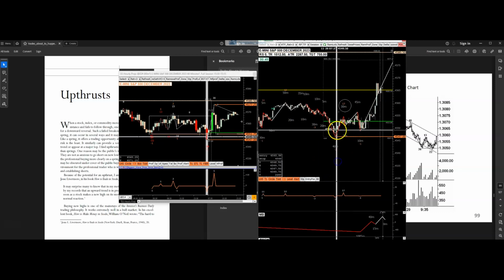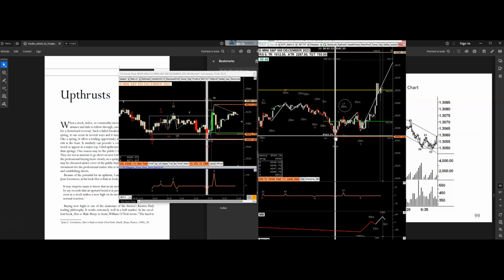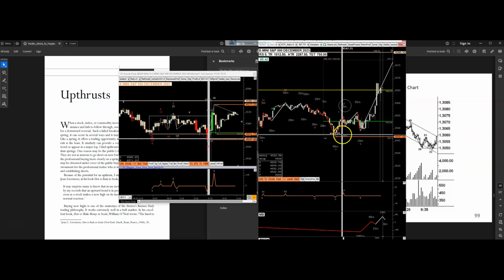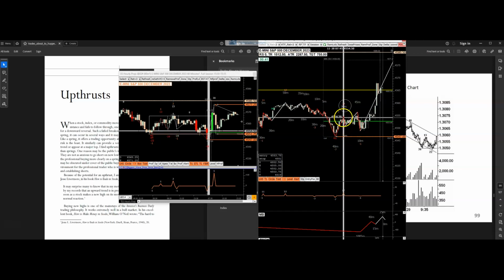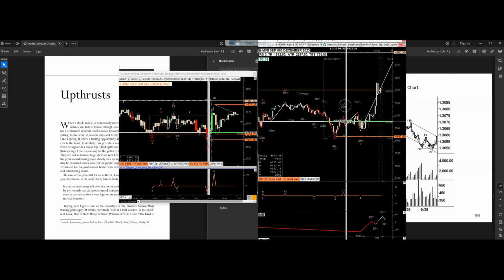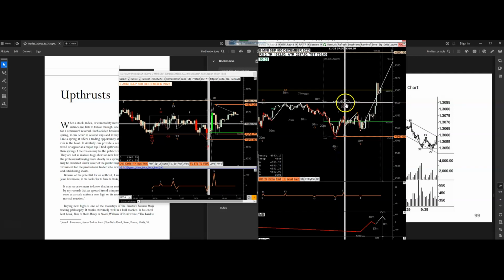Now, we will see how the response is to that wave to determine whether it's aggressive buying. Take a look at this wave. Is this aggressive buying? Well, let's take a look at just its price and time characteristics. This is the biggest up wave in 17 waves.